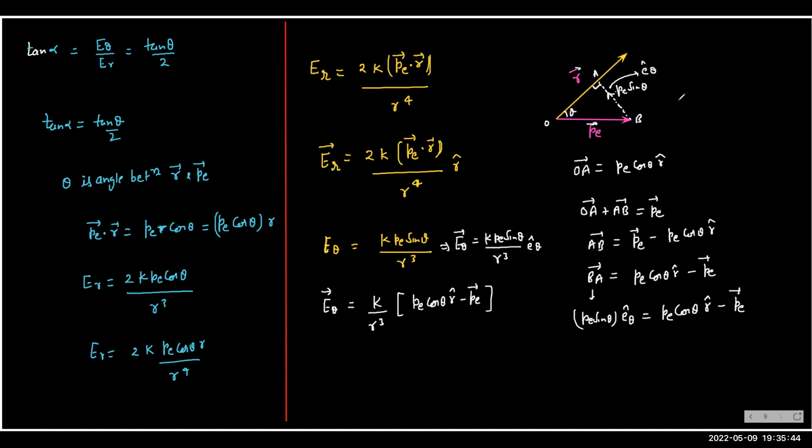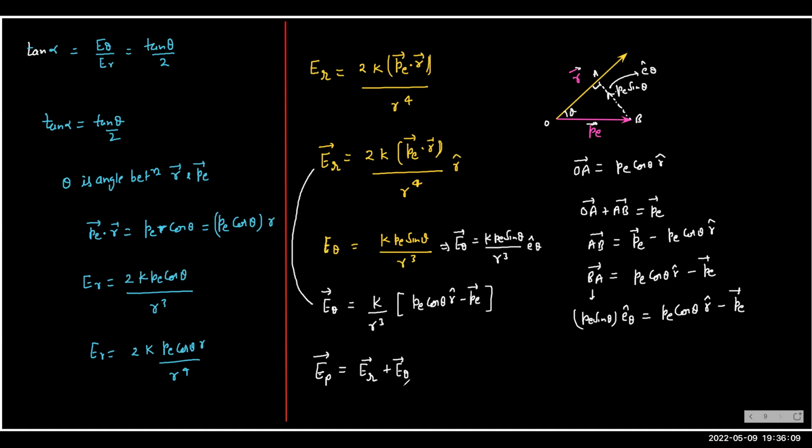Yes. So that's why we are getting this answer. Now why are we writing both in vector form? Because now we can write the net value in vector form, EP vector, and that will be ER vector plus E theta vector. It is very easy to write in scalar form, but very difficult in vector form.